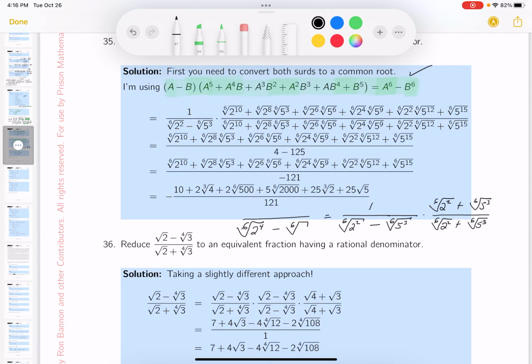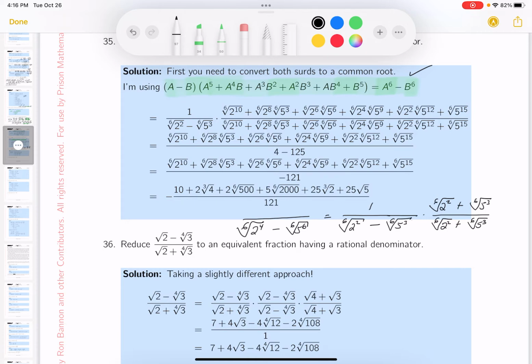These are conjugates, by the way. Of, let's see, that would be 5 to the 6th power, right? That was easy, because the 6th root of 5 to the 6th power would just be a 5. All right? And then you could just play this game over and over again.